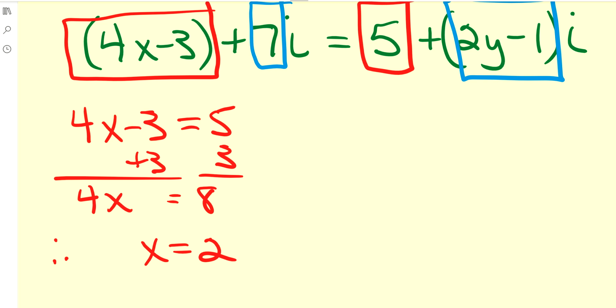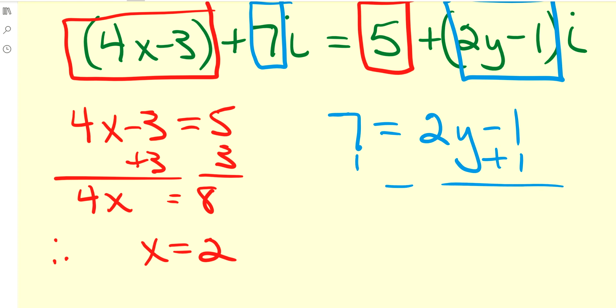Okay, I'll move over now and let's do the imaginary part. And that's going to look like 7 equals 2y minus 1. And I'm going to solve for y. So let's add 1 to both sides. I got 8 equals 2y.